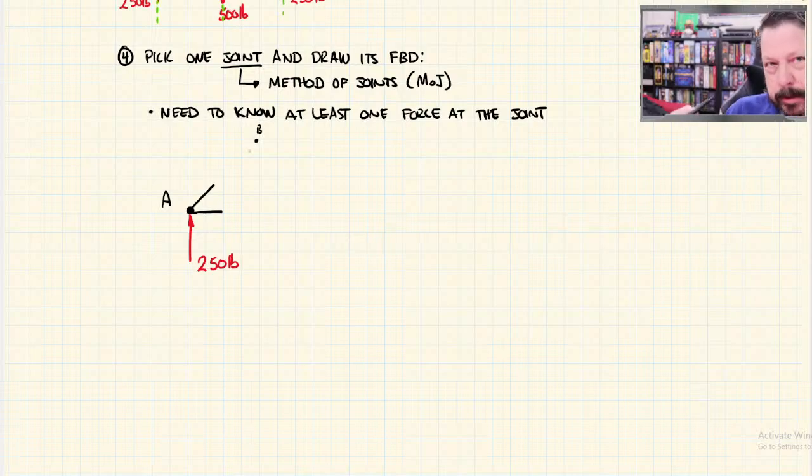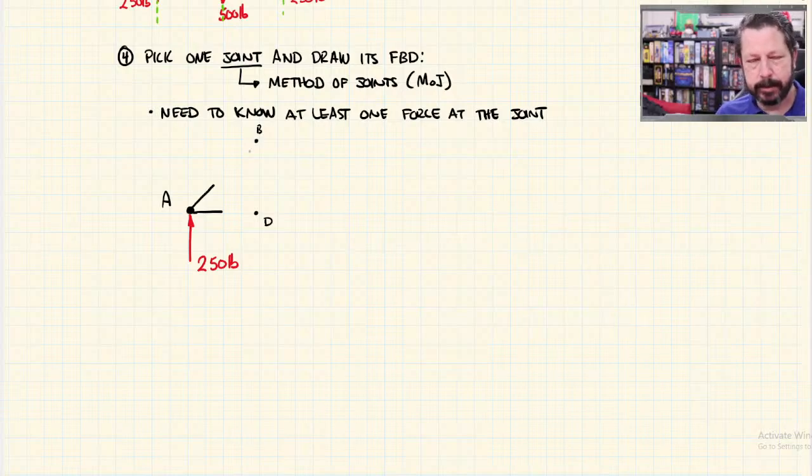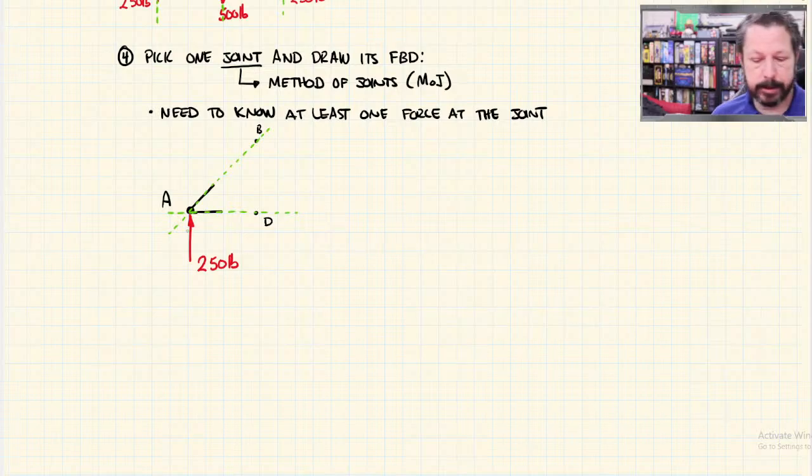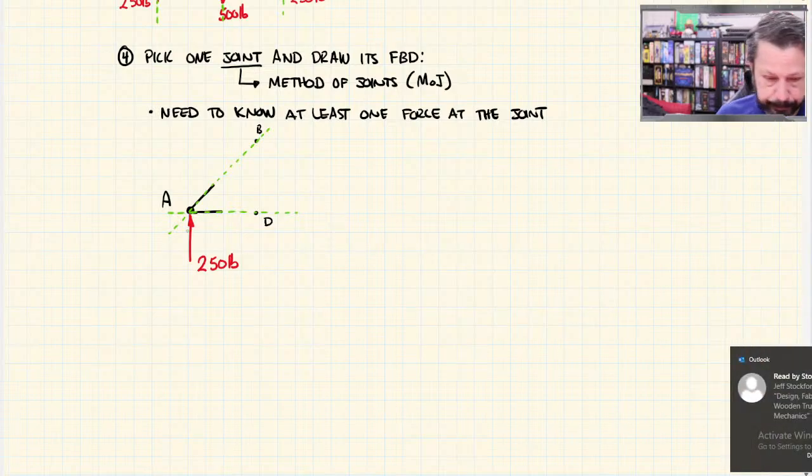You don't have to draw all these B's and D's that I'm drawing. I'm just trying to make sure that everybody's getting the same point. So this is the line of action for member AB. The force is on that line of action. For AD, that's the line of action, and the force is on that line.